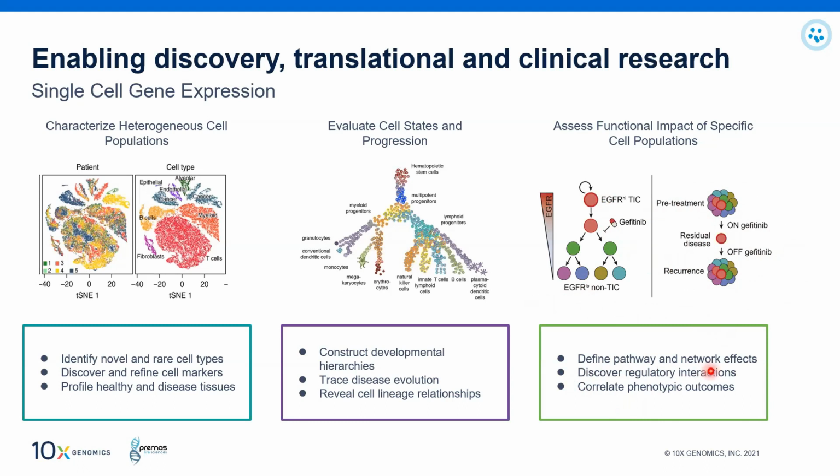You'll be able to define the pathway, the network effects. You are able to do discovery in terms of regulatory networks happening in a cell, and also correlate the specific phenotype outcome, why this phenotype is happening. So ultimately, this is like going deeper and generating the right type of data from your samples.